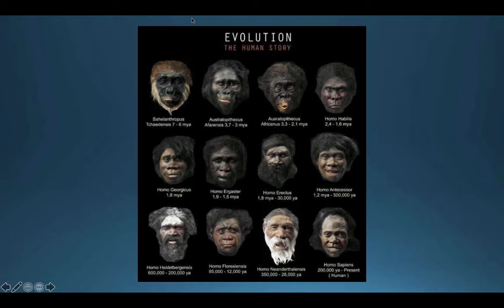And then a lot of what we're looking at today is morphological comparisons. Now, if you look on this picture here, there are dates on there. And they're looking at that dates using absolute and relative dating. And then they're using morphological comparisons to help kind of put them to their close relatives.